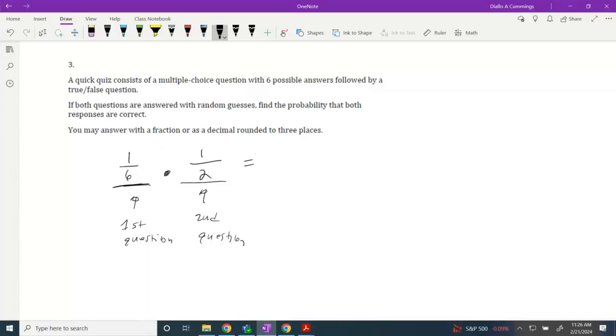This is an example of using both the classical approach to probability, because we use the part over the whole, so to speak, and the fundamental counting principle. In order to figure out the probability, we multiply the numerators and multiply the denominators, and we have our probability as 1/12.